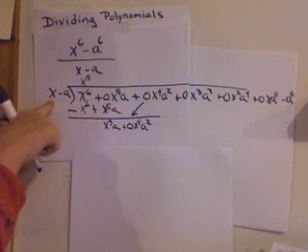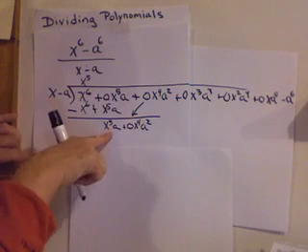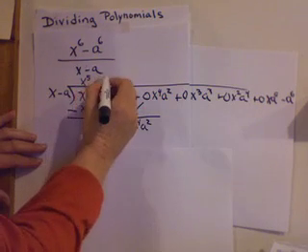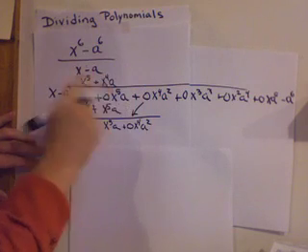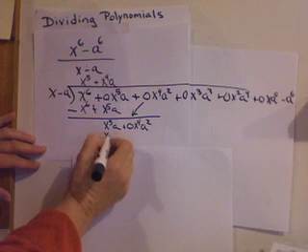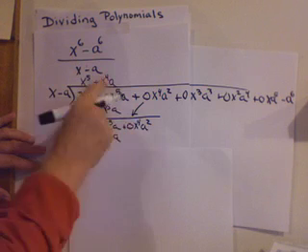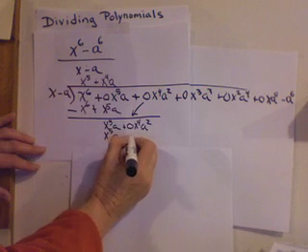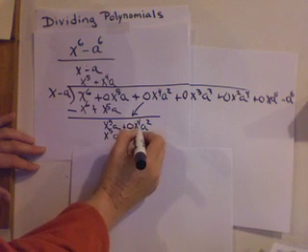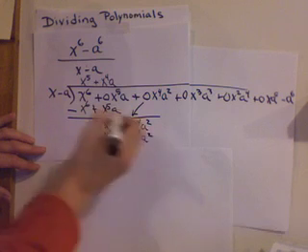All right, think here, x. What times x is x to the 5th a? I hope you realize that's x to the 4th a. X to the 4th a times x is x to the 5th a. X to the 4th a times negative a is negative x to the 4th a squared.